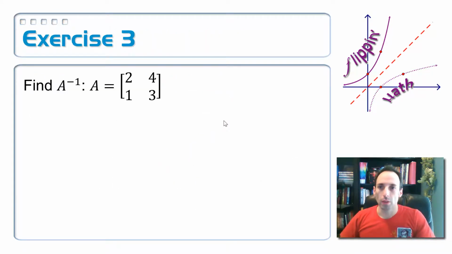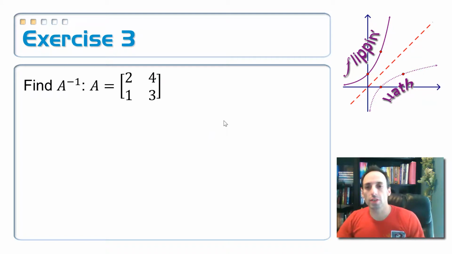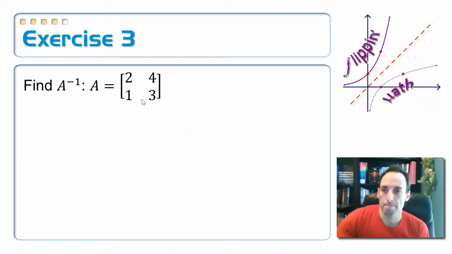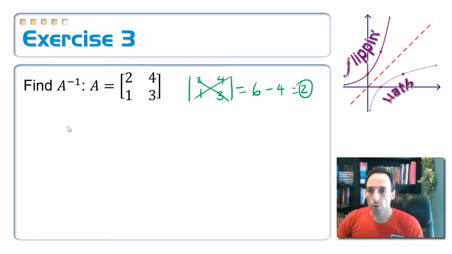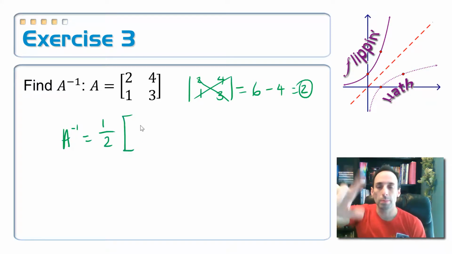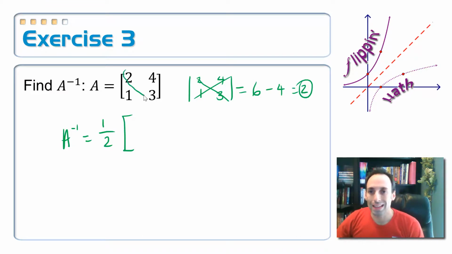Okay, so let's find the inverse of this 2 by 2 square matrix. The first thing that I need to do is find the determinant of this matrix. So 2, 1, 4, 3. Cross multiplying here, I get 6 minus 4, that's 2. So to find the inverse, I first take 1 over the determinant times, now I've got to scramble up my numbers in my original matrix. These two switch places. So this 3 comes up here, the 2 comes down here.